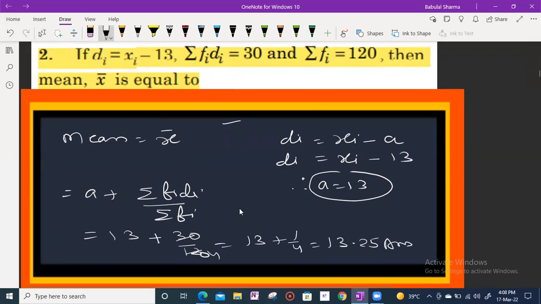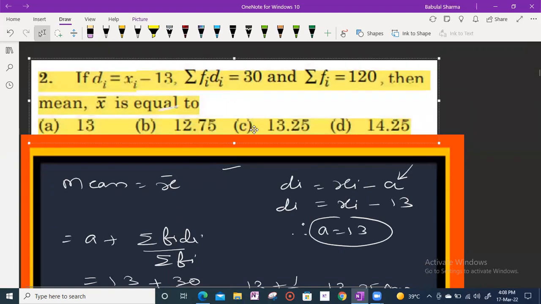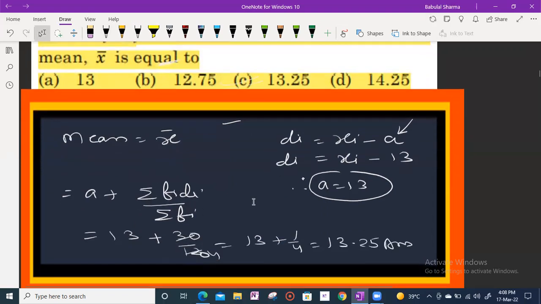Here, students, we have to compare with the formula Di, that is Xi minus A. A is the assumed mean, and here the assumed mean is 13. So in place of A, we can write 13 and we can give the answer. So C is the correct option here, that is 13.25.